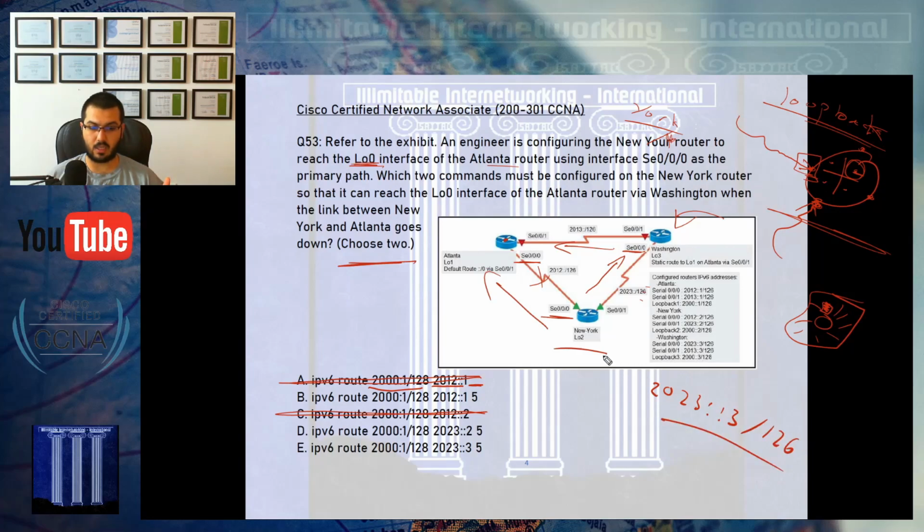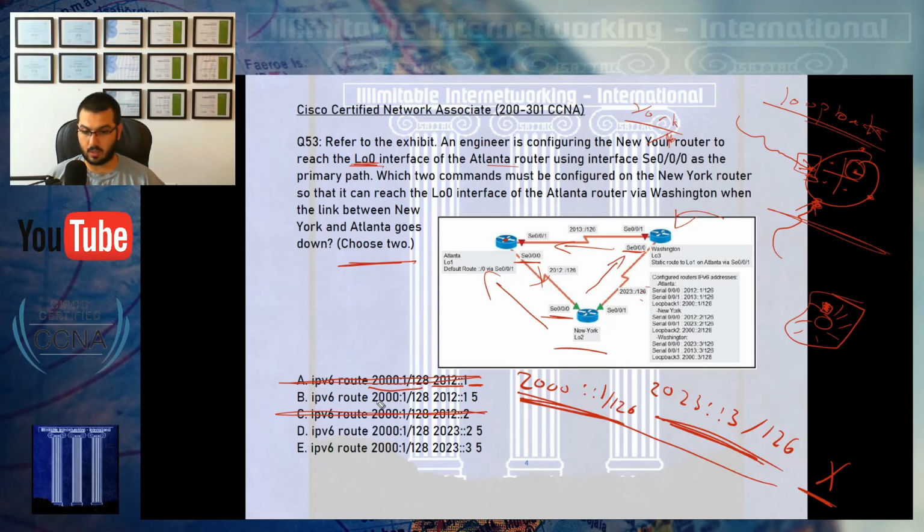So this is my destination, and the route that I want to reach is the loopback of Atlanta. So this is Atlanta, and the loopback will be 2000::1/126. So I need such a route that to reach this destination, go to this next hop and use an X amount of AD.